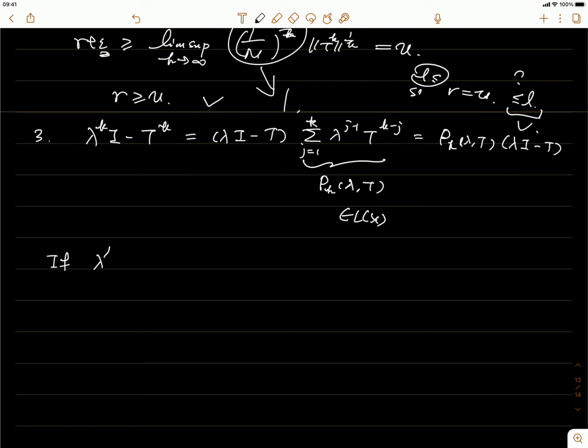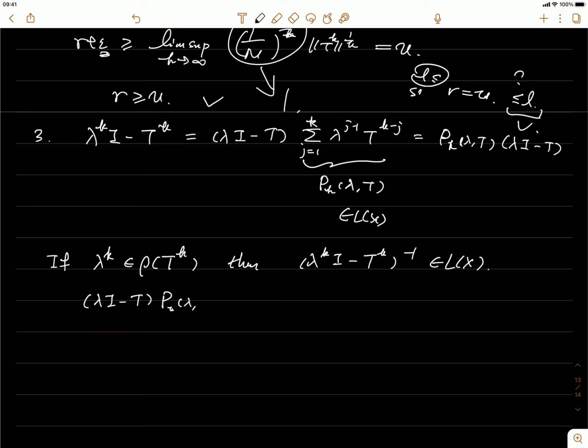So now remember what you have. If lambda to the k is in the resolvent set of T to the k, then the inverse of lambda to the k I minus T to the k exists. Okay, the inverse exists. That means lambda I minus T times p_k(lambda, T), you just treat this as the whole thing, is equal to p_k(lambda, T) times lambda I minus T. They commute, and they are equal to lambda to the k I minus T to the k, which is invertible.